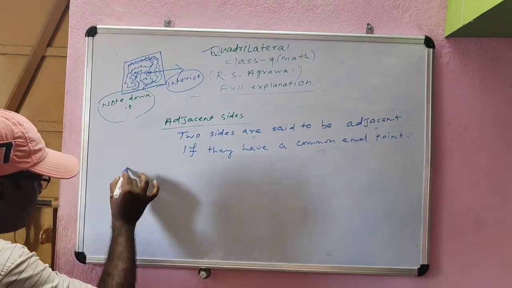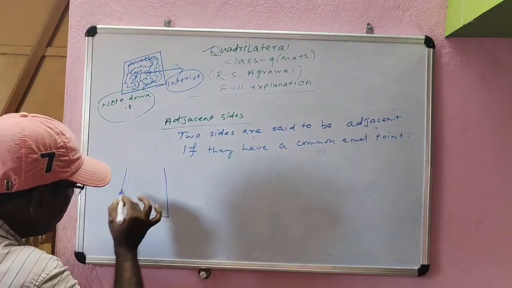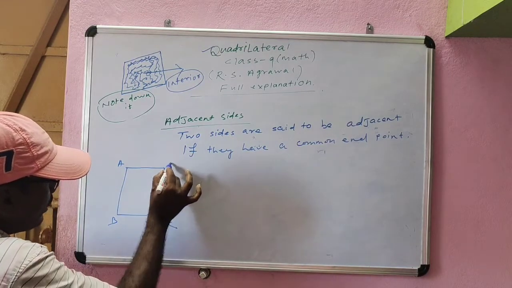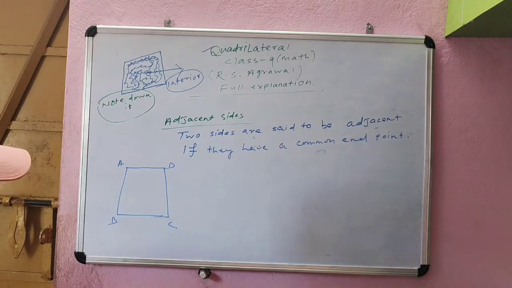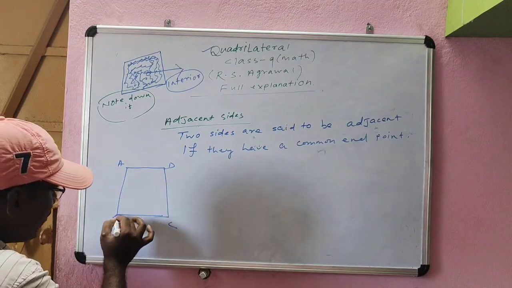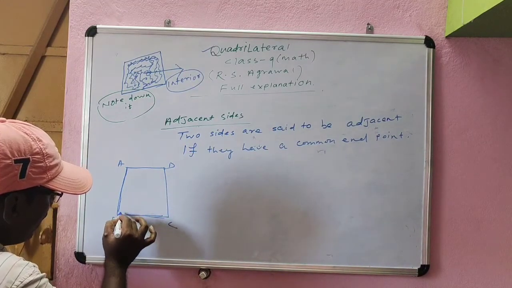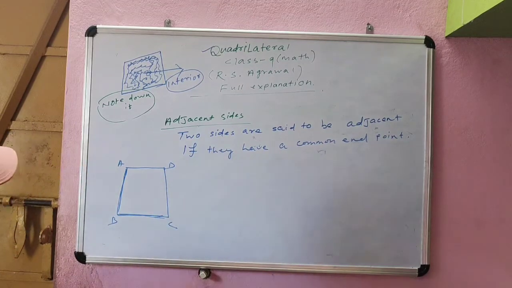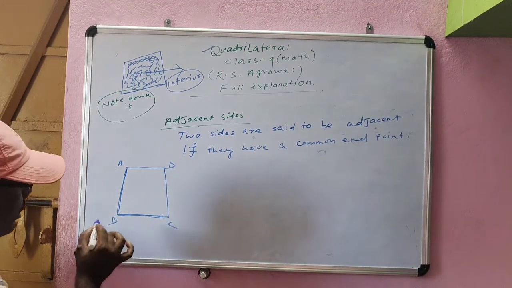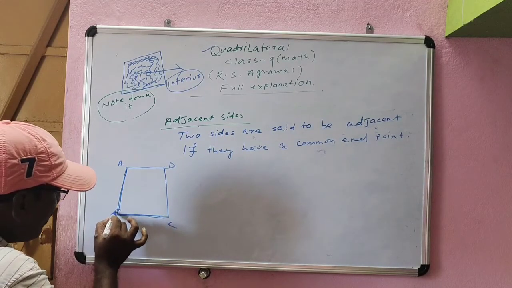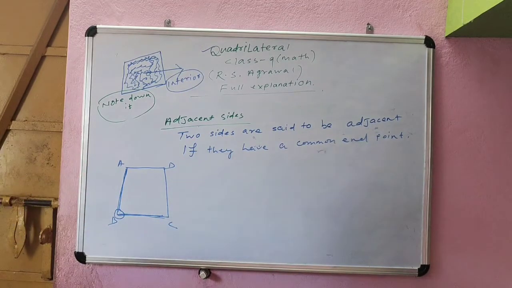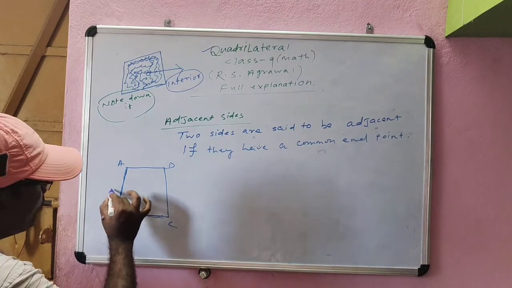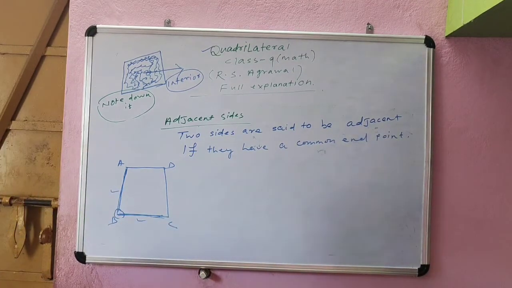Look here, it is the figure of quadrilateral ABCD. If you examine these two sides, AB and BC, you see that these two sides have a common endpoint, that is B. Therefore, these two sides are said to be adjacent.